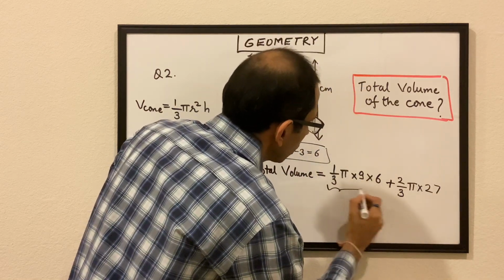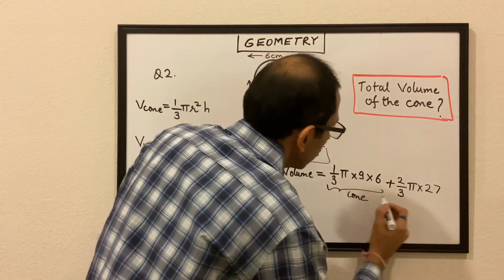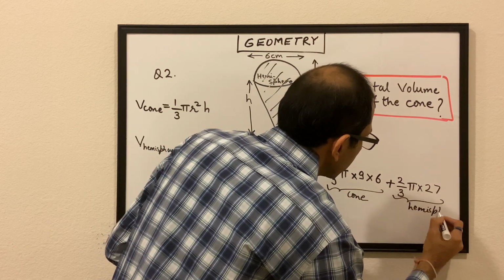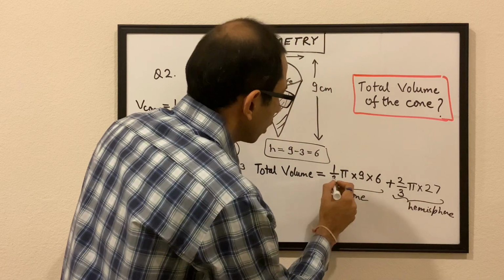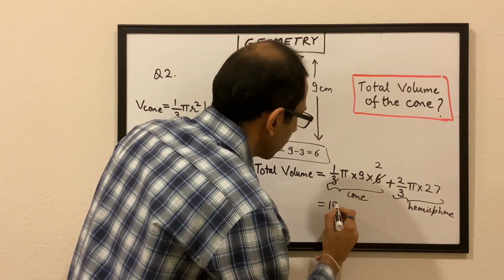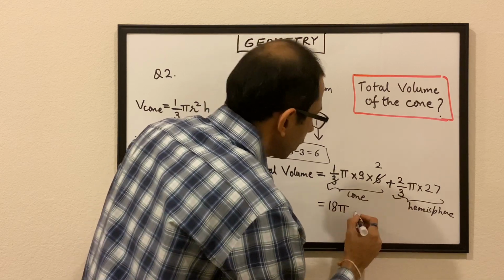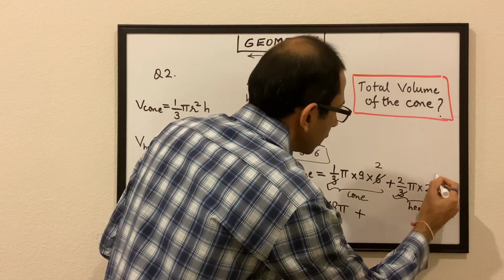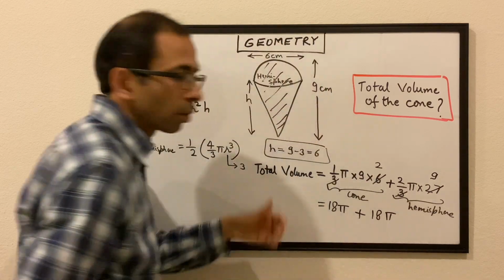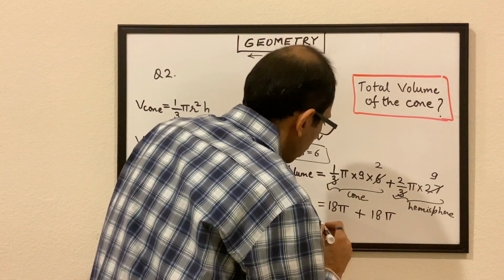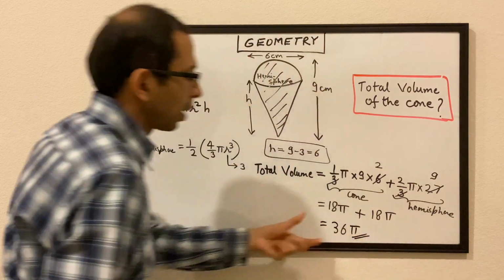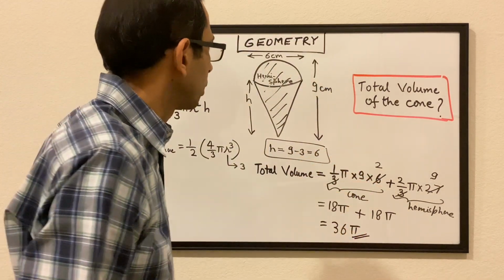So this is the volume of the cone, and this is the volume of the hemisphere. Okay, we can cancel some common factors, so we get 18 pi from the first term, and then again 3 times 9 is 27, 9 times 2 is 18, so we get 18 pi from the hemisphere also, and the overall volume is 36 pi. 18 pi plus 18 pi is 36 pi.